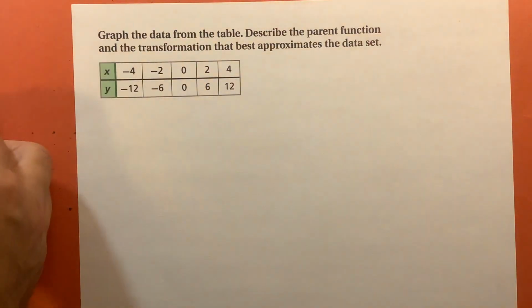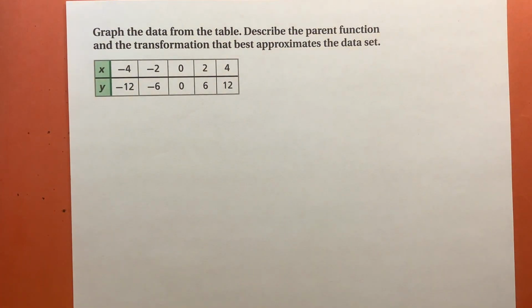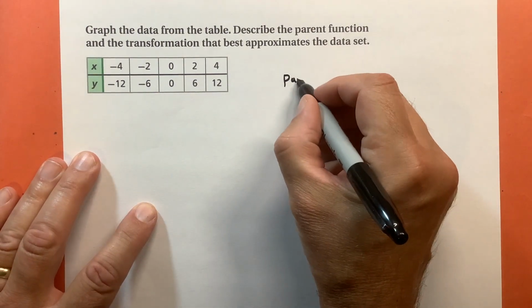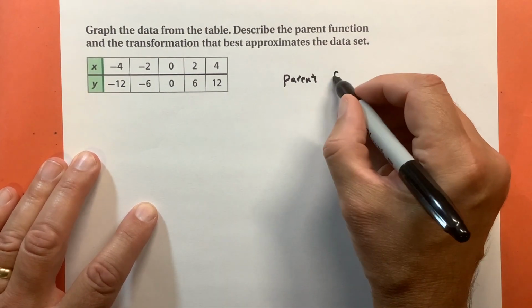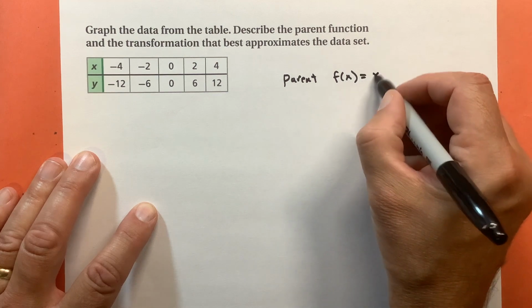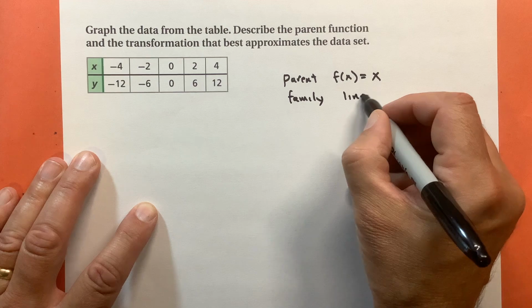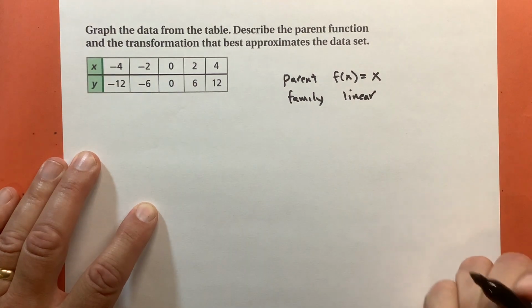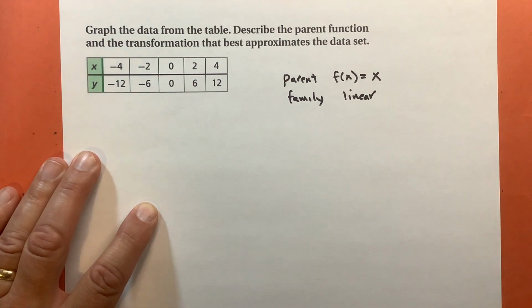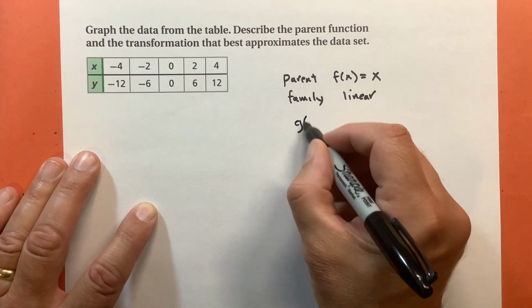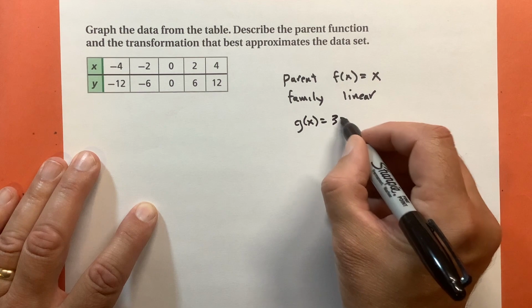So let's go back to the paper for a second. The parent function is f of x equals x, and that comes from the linear family. And it looked like when I was testing it, my function g of x equals 3x.